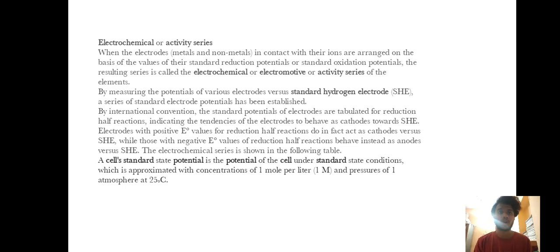When the electrodes, metals and non-metals, in contact with their ions are arranged on the basis of values of their standard reduction potentials or standard oxidation potentials, the resulting series is called the electrochemical or electromotive or activity series of the elements.